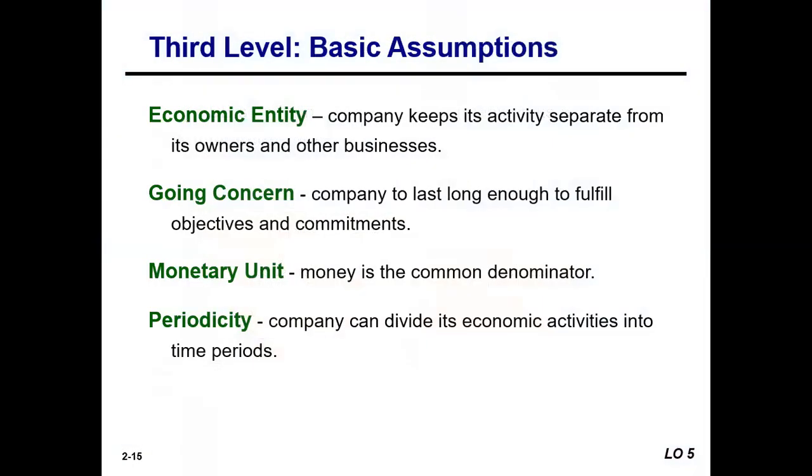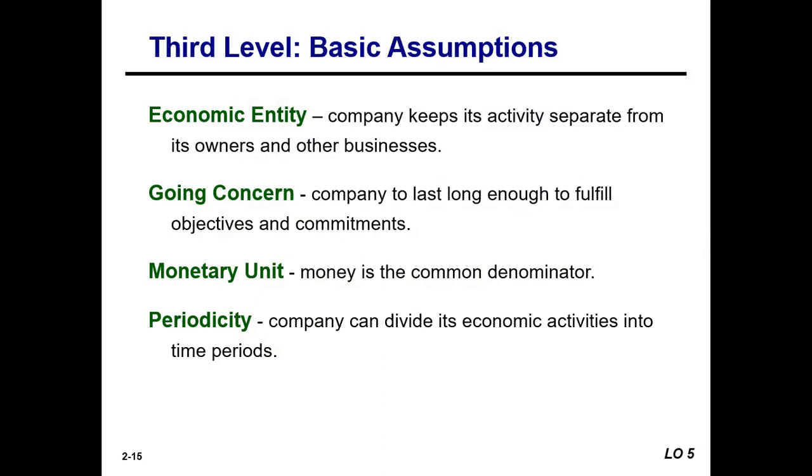So the economic entity assumption, which is also called the separate entity assumption, the way I think it was worded in your Principles of Accounting textbook, basically says that we have to keep entities separate from one another. If you think about a sole proprietorship, for example, the business is a separate entity from the owner, right?